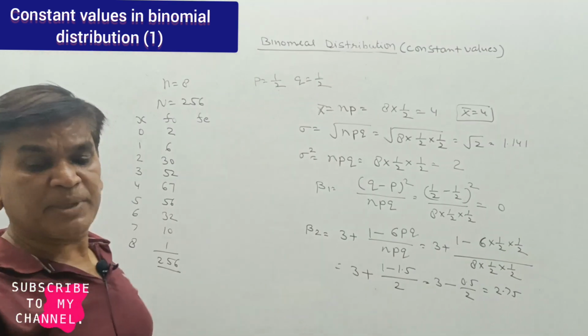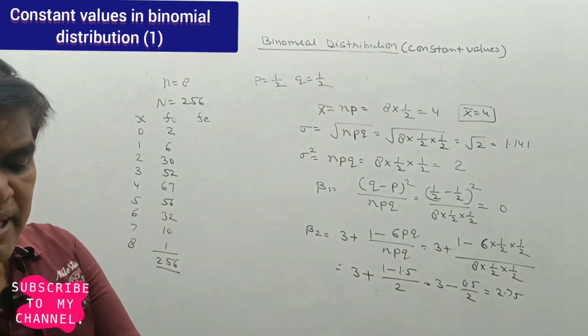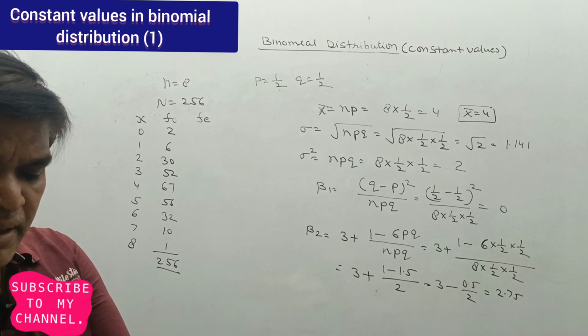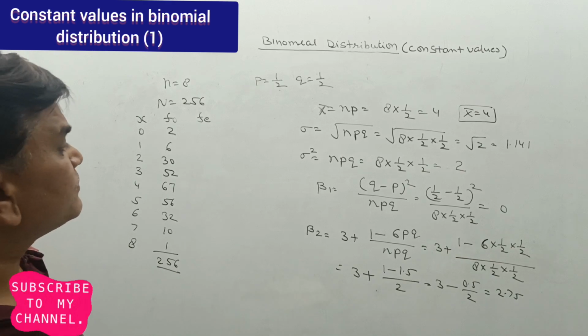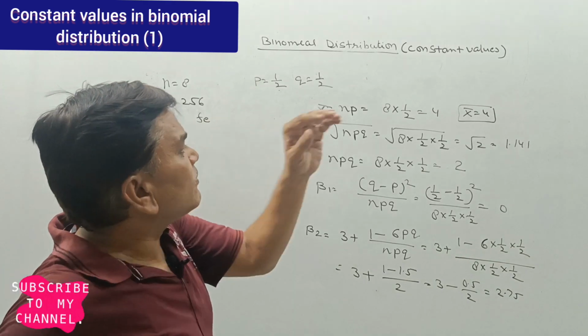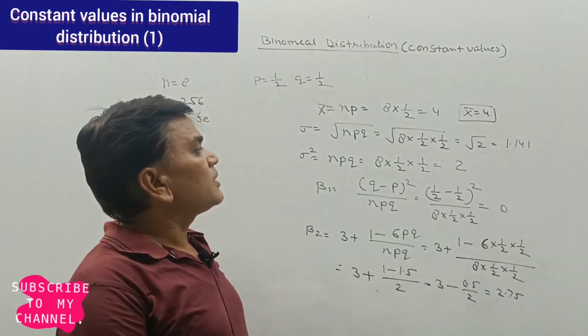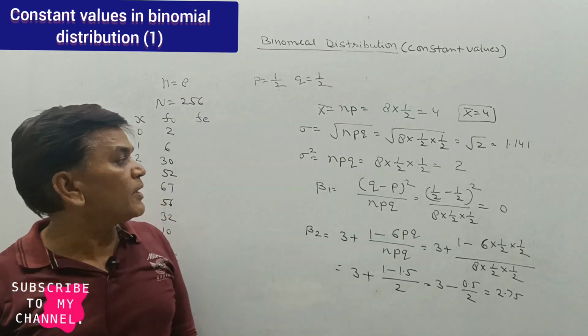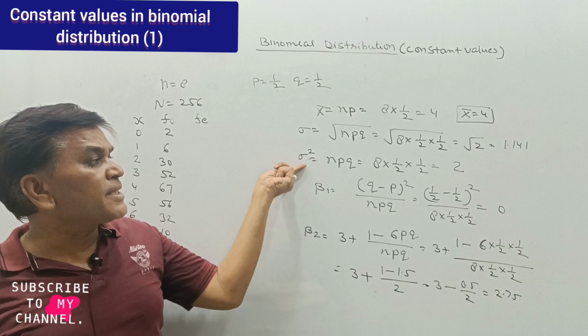So with the help of this, we can calculate the various values related to the number of items. The arithmetic mean will be 4. Standard deviation will be 1.141. Variance will be 2.